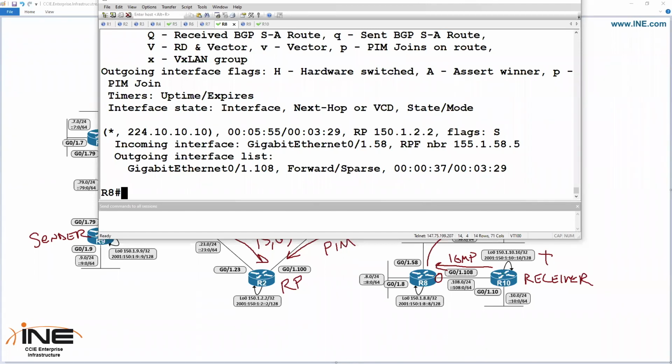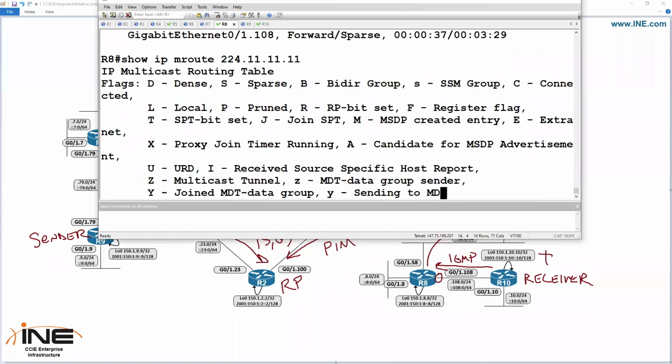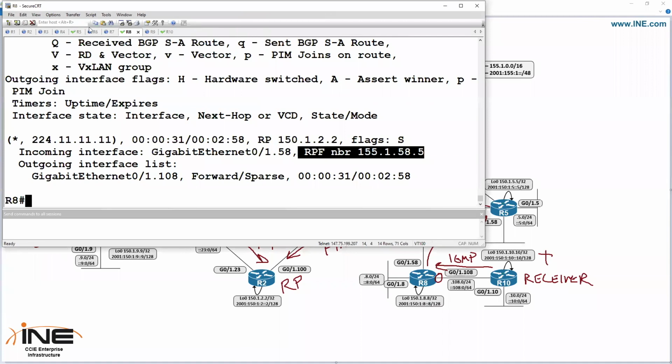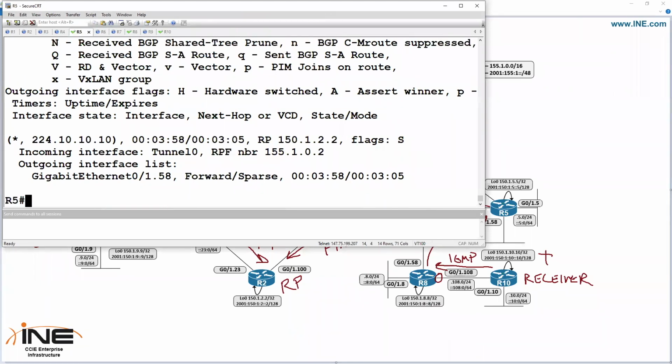On router 8, if we show IP mroute for 224.11.11.11, it says the reverse path neighbor is router 5. Okay, so next we're going over to router 5. Show IP mroute for 224.11.11.11.